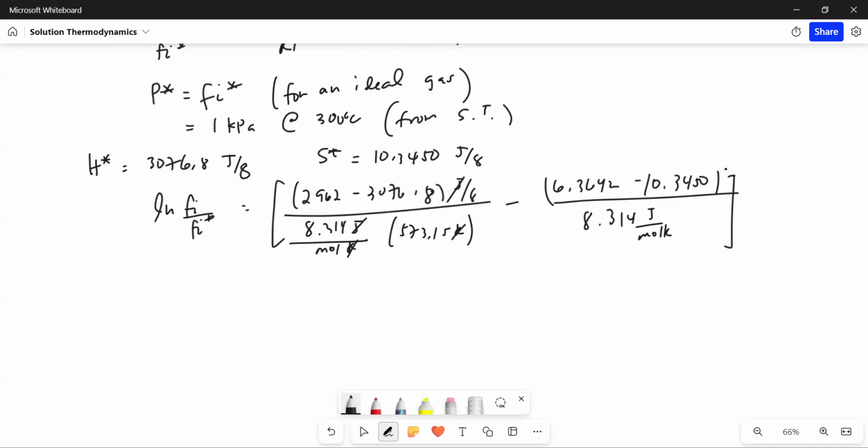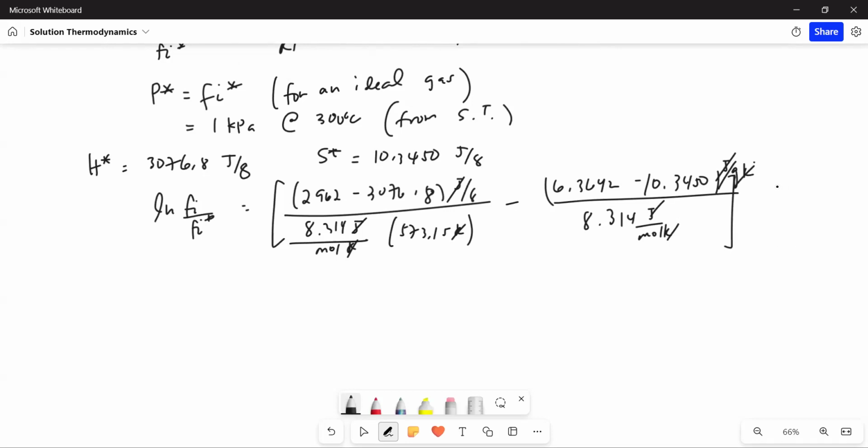This is joule per mole Kelvin, so this would cancel out. The Kelvin would also, oops, this is joule per gram. Okay, joule per gram Kelvin. So joule will cancel, Kelvin will also cancel. So we're left with mole per gram.